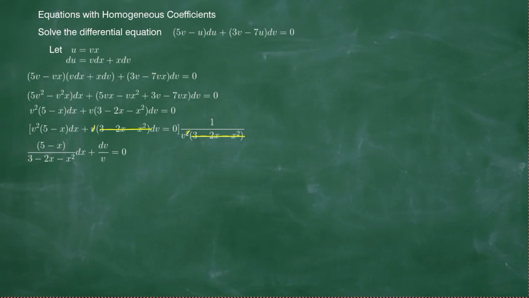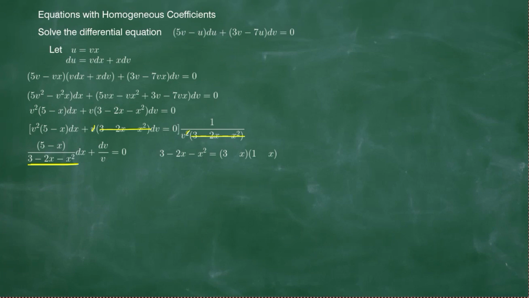Okay, next we will deal with this term here. 3 - 2x - x² can be factored like this. So 3 is just a product of 3 times 1, and x² is x times x. And then minus 2x, that means the bigger product will have the negative sign. So 3 times negative x will give you negative 3, or minus 3 plus 1 is negative 2.